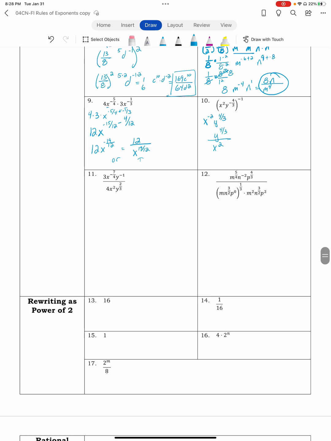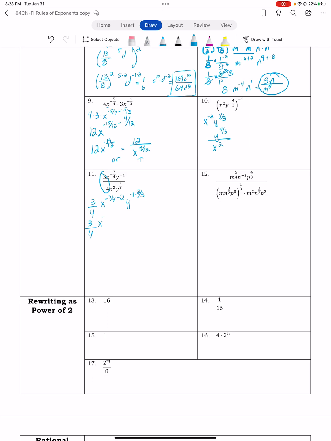Okay, this guy right here, I have my 3 over 4, can't do anything about that. So I just leave that 3 over 4. This is going to be x to the negative 7/4 minus 2, and then times y to the negative 1 minus 2/3. So I have my 3/4 here.